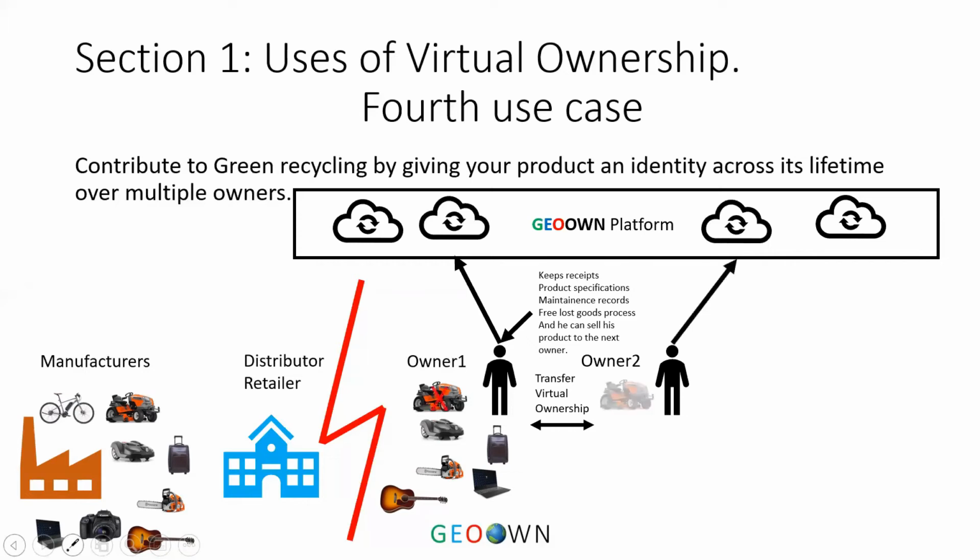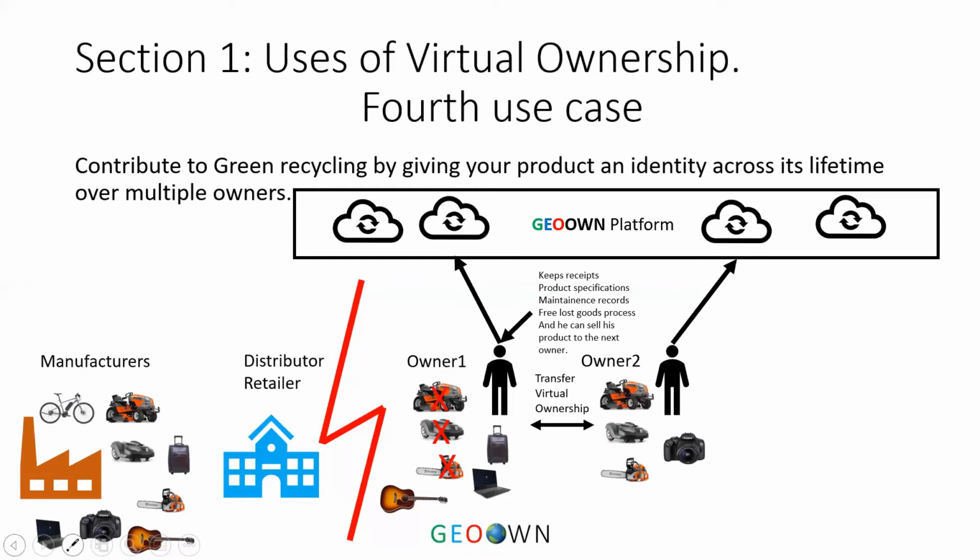So if the first owner sells and transfers ownership of the lawn tractor to the second owner, the details of the lawn tractor's virtual ownership are removed from the first owner's account and pop up in the second owner's account with all details, including maintenance records, etc.